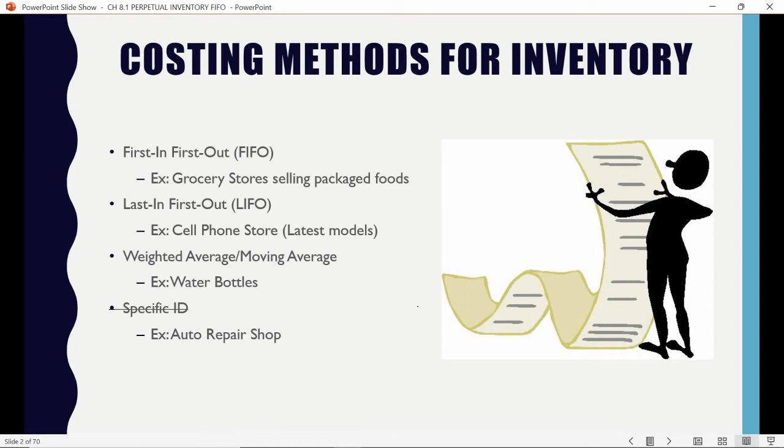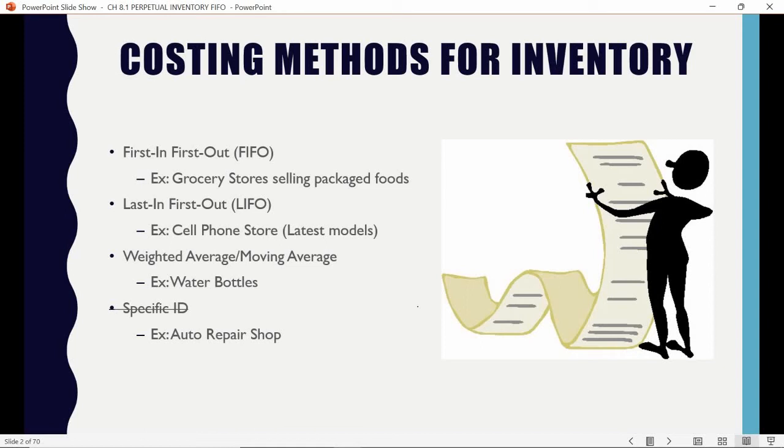They work the same exact way, but the only difference is how you keep track of it. So when we're looking at perpetual inventory, we will be looking at the same concepts, FIFO, LIFO, and moving average, and they do the same exact ideas as periodic inventory. The only difference is how we are going to cost it.